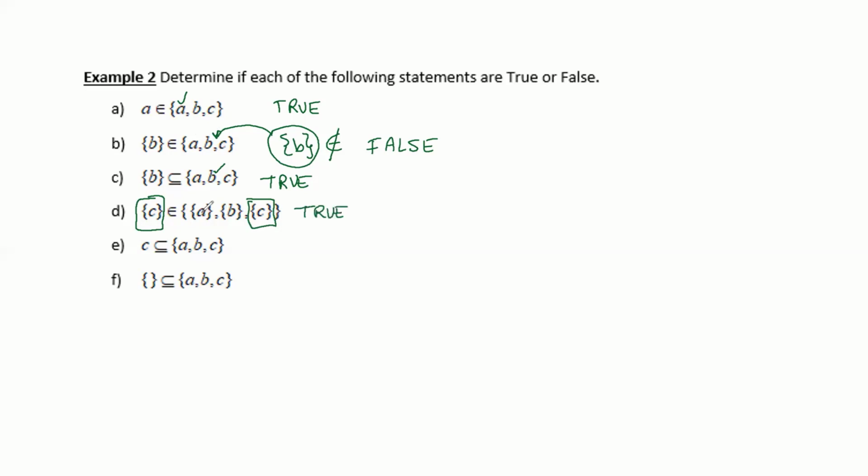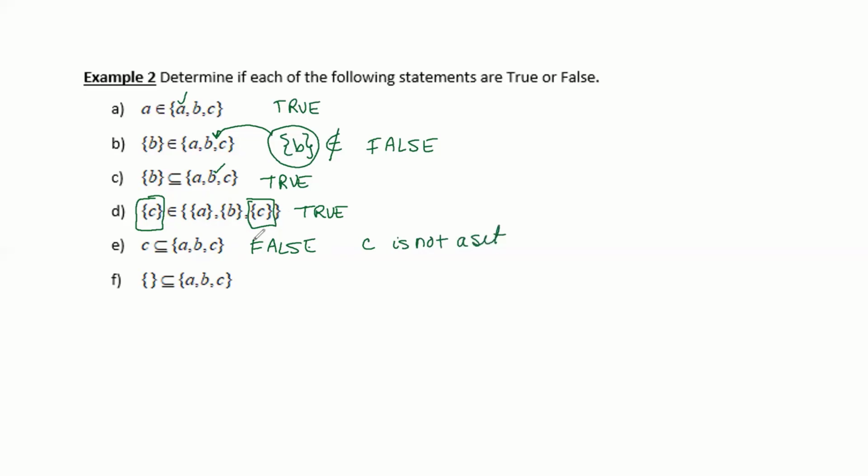So this set here is a set with 3 elements. The element C is a subset of {A, B, C}. This is false because C is not a set.